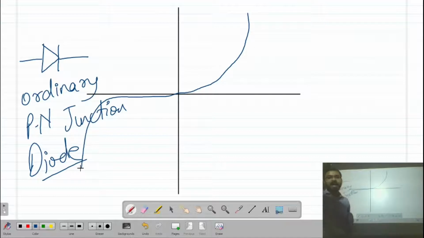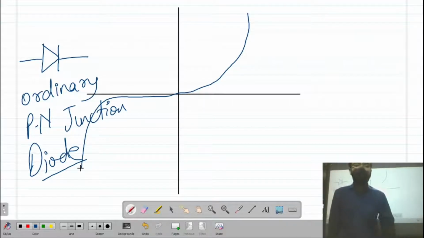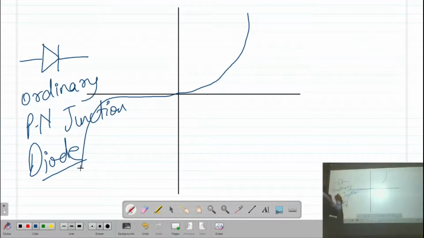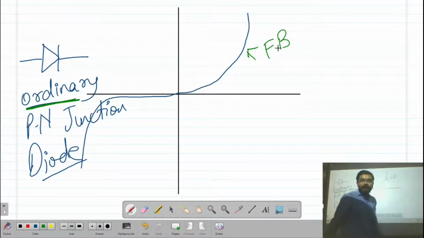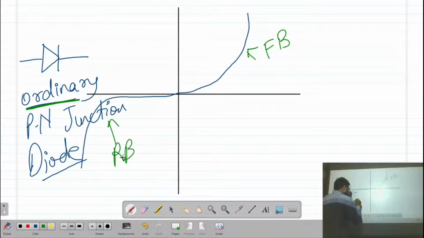This is the IV characteristics of a simple ordinary PN junction diode, where this is the forward bias region and this is the reverse bias.